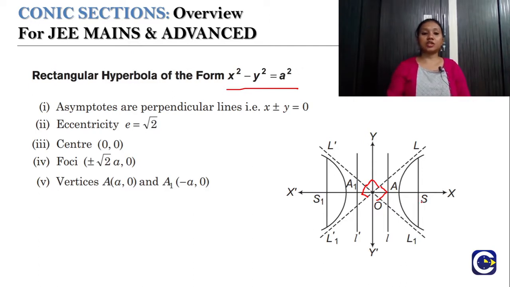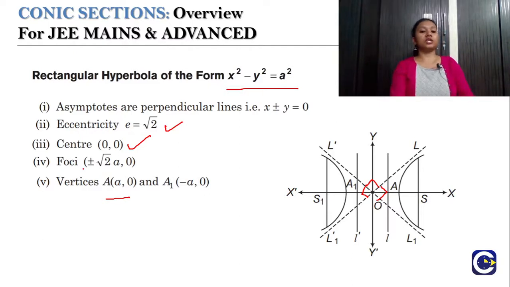Right, so the eccentricity we already know is root 2, and the center will be the origin, and the vertices will be the same, a comma 0 and minus a comma 0. The foci will be somewhat different, because initially they are plus or minus ae comma 0, but for our rectangular hyperbola the eccentricity will always be equal to root 2. So directly, instead of writing e, we can write root 2 and write the coordinates of the foci.